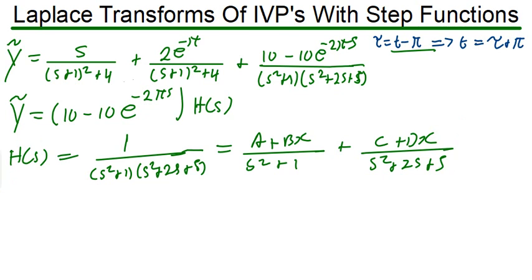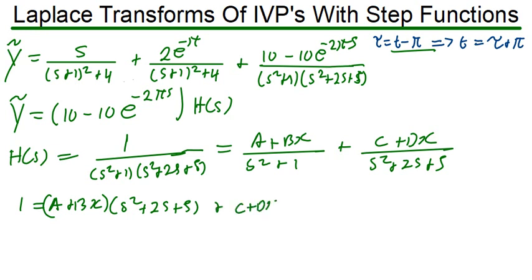So when you multiply everything by this denominator here, 1 equals your a plus bs multiplied by your s squared plus 2s plus 5, plus c plus ds.